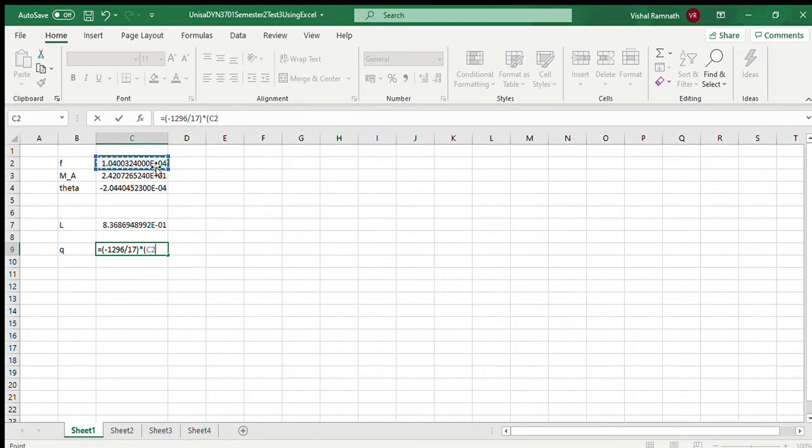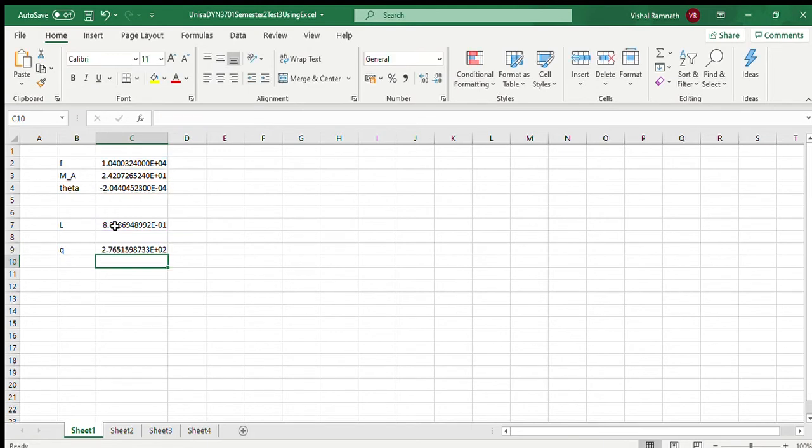That would be F times the value for theta, close it, divide by things in the denominator, and that would be dividing by L cubed. So we just put the value for L, which we worked out, and then we'd say up arrow for the power 3, close bracket, enter. That's the value for Q.